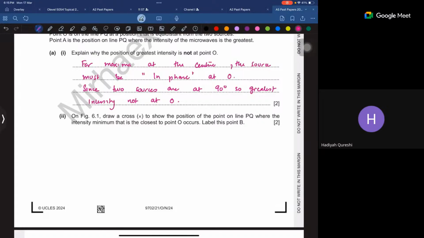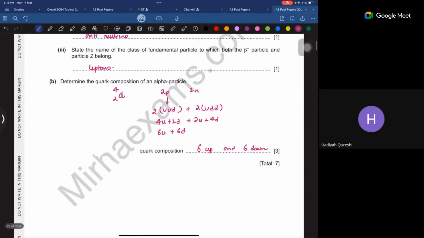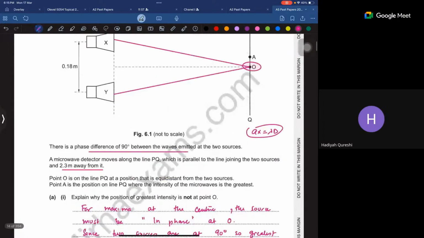Now draw a cross to show the position of point P with the intensity minimum that is closest to point A. Label this point P. Okay, that's interesting. How do we do that?